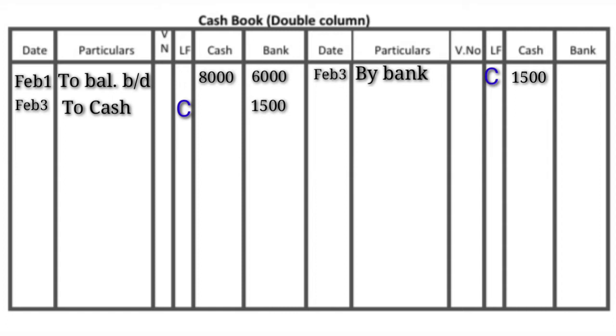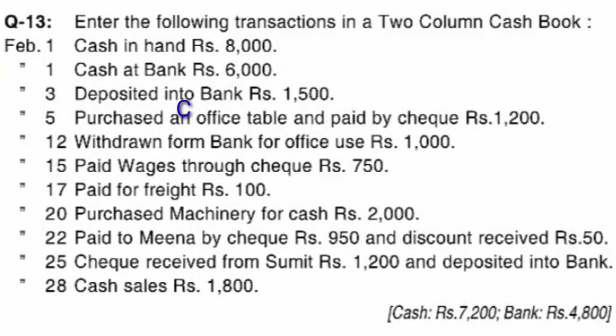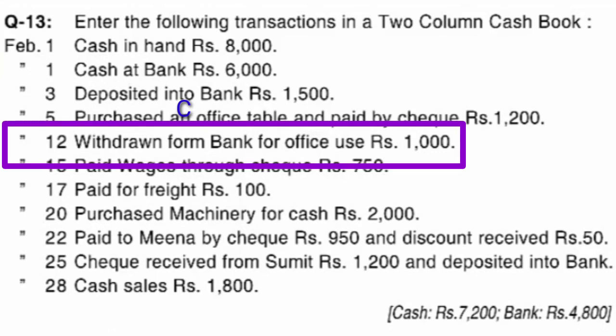So this 1200 is decreasing from the bank. When bank is decreasing, that is minus, we will enter it on the credit side. Here bank is decreasing, so bank column 1200, and the date column February 5. Particulars column: by office furniture. Clear?